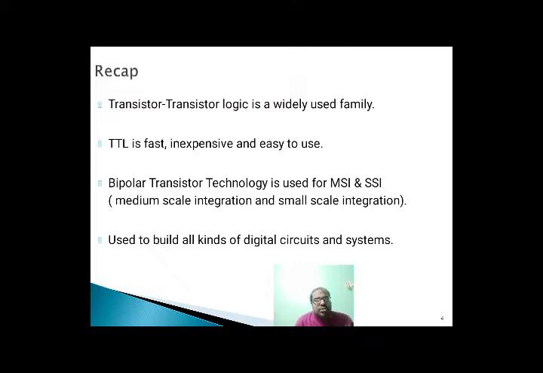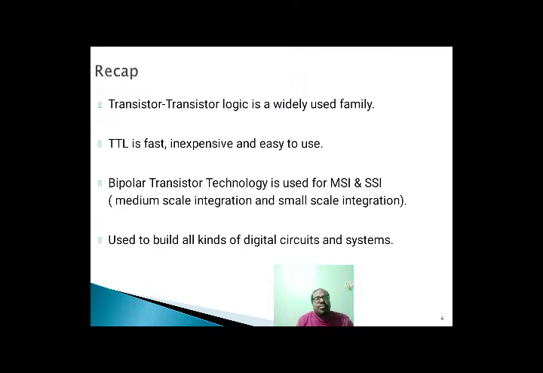TTL technology utilizes multiple emitter transistors for the input devices, as well as bipolar transistors, used for medium scale integration and small scale integration. It is used to build all kinds of digital circuits and systems. It is about the TTL. Please have a look at it and kindly note it in your notebooks.